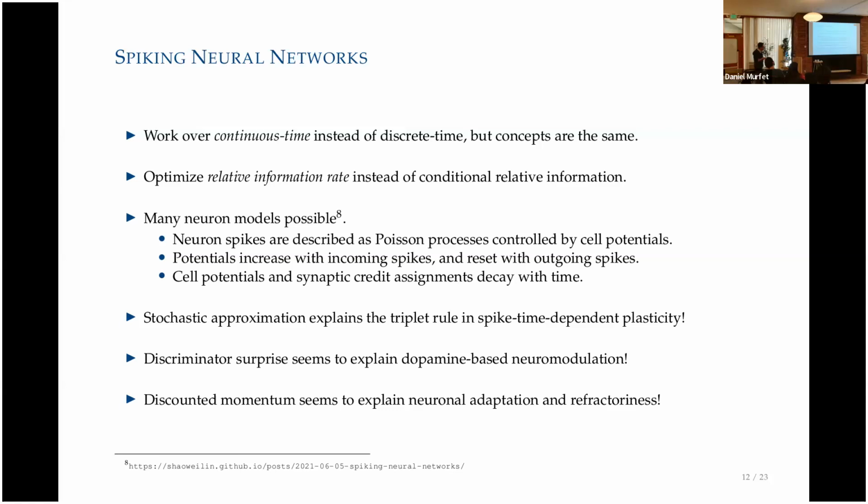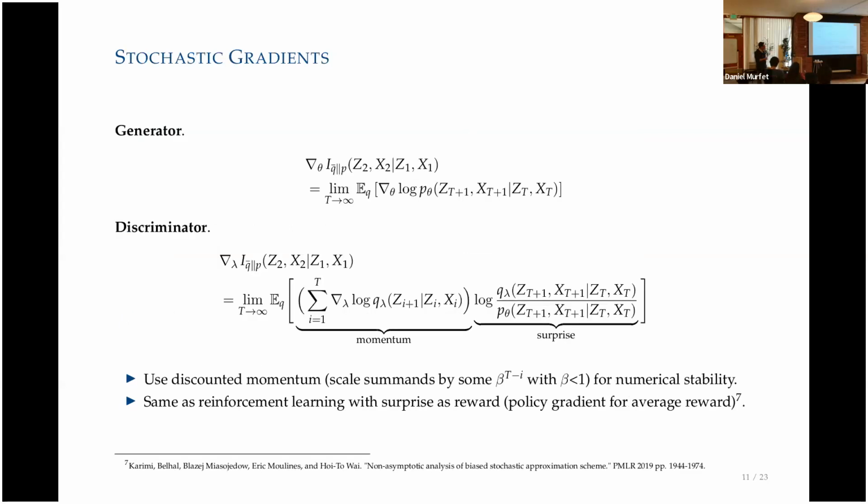The second thing is that the surprise term in the discriminator seems to explain dopamine-based neuromodulation. We know that there are some long-term effects of dopamine on memory, and it seems to me that would explain how this measurement of surprise is happening over time. When you get surprised, you get lots of dopamine, and there's a big change in the learning.